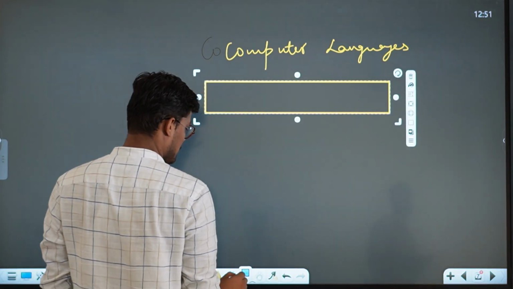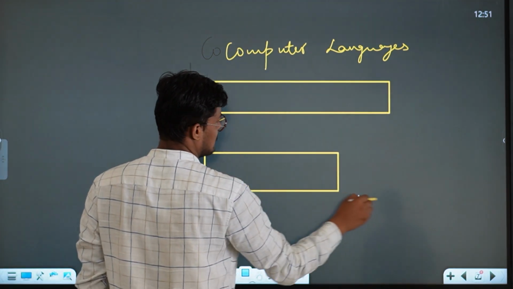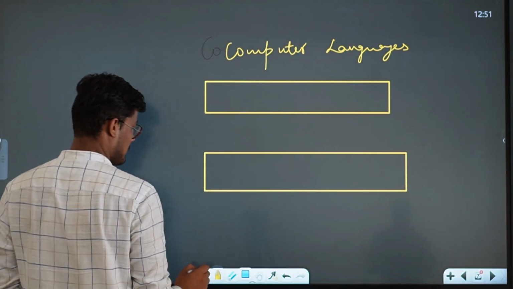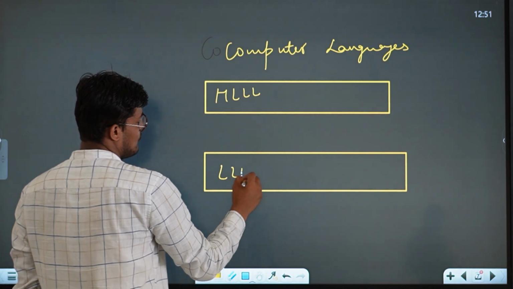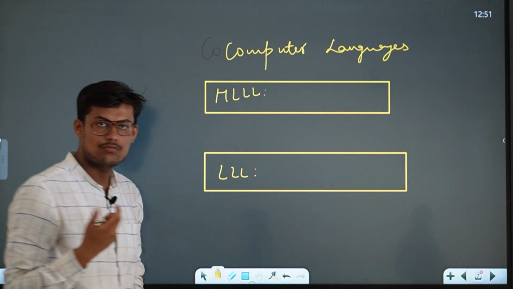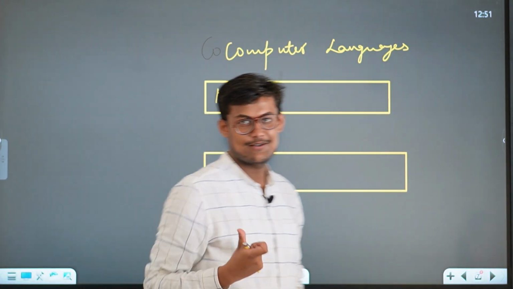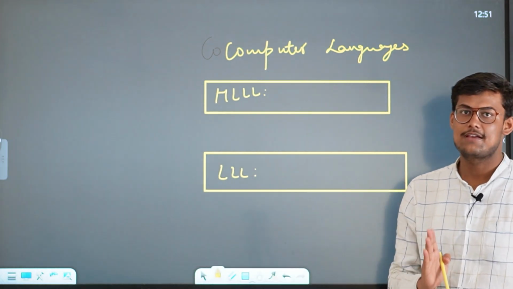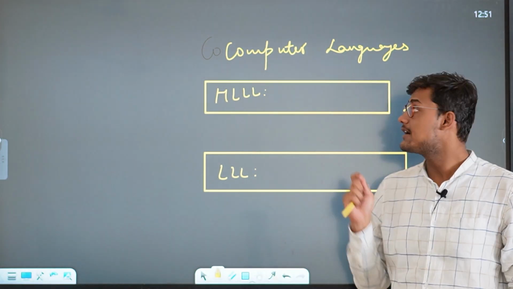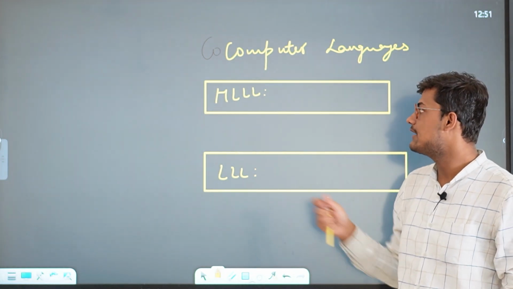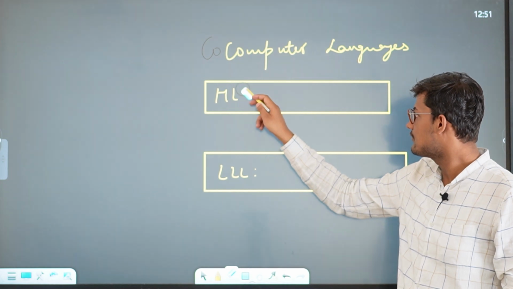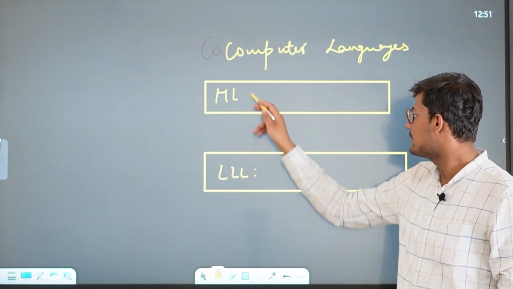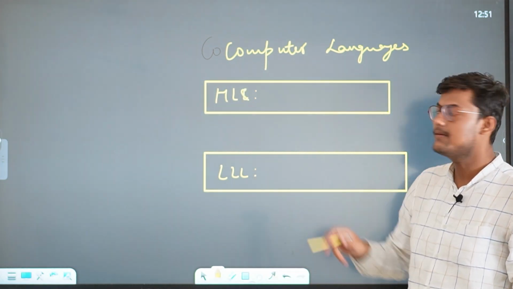The first one is high level language and the second one is low level language. Now we will understand what high and low level languages are. All the languages that are human understandable come in the category of high level languages.